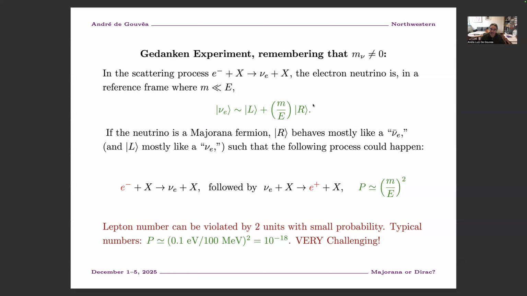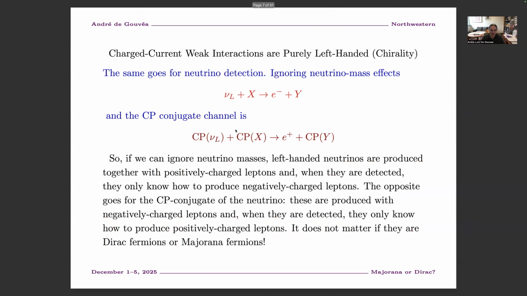Now, if the neutrino is a Majorana fermion, the right-handed object that I produce here does all of the same things that the thing that we normally call the right-handed neutrino does. And in particular, it can speak to the weak current in a way that produces positrons, just like I was showing you before in this line over here.